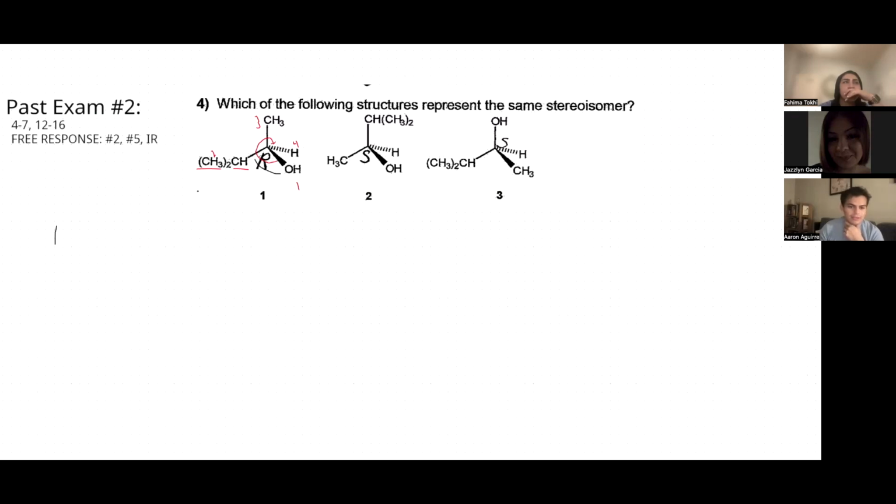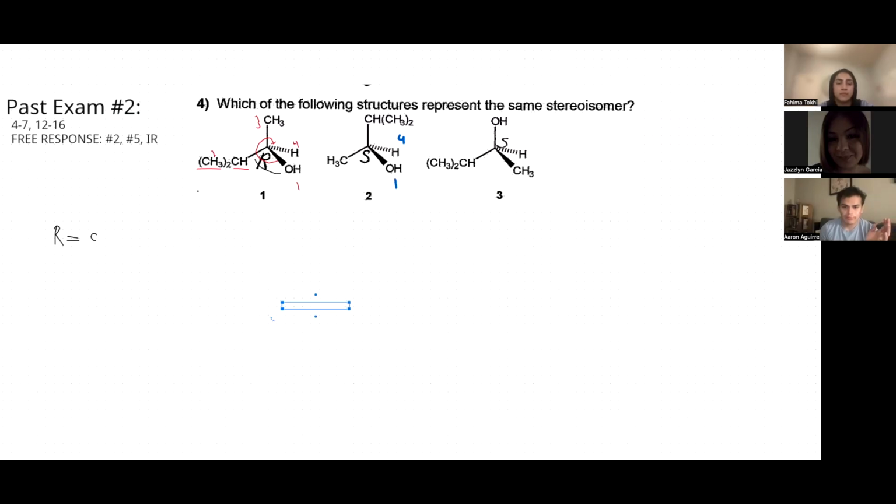Oh yeah, that's a good one. That's an easy one. I forgot your technique again. Oh, wait, you're supposed to switch two, 3 and 4. So basically you only really need it when your lowest priority is not on the dash. If your lowest priority is on the dash, then whatever you see is what you get, basically.